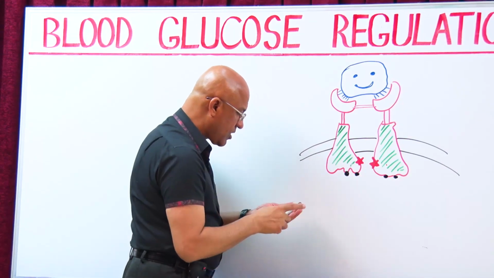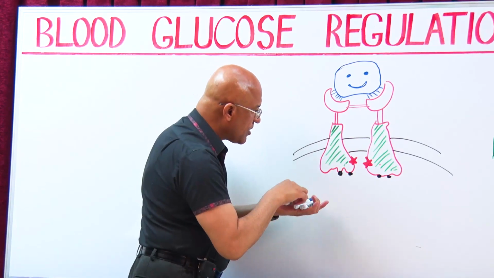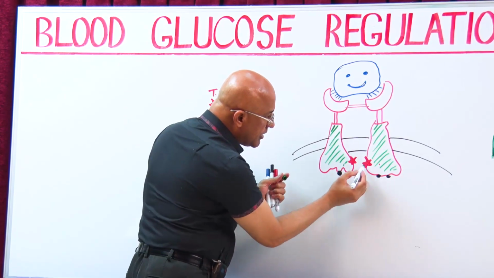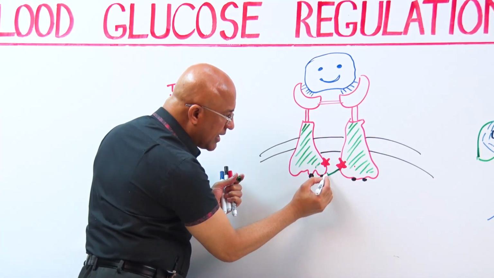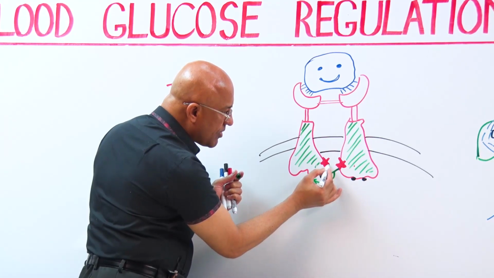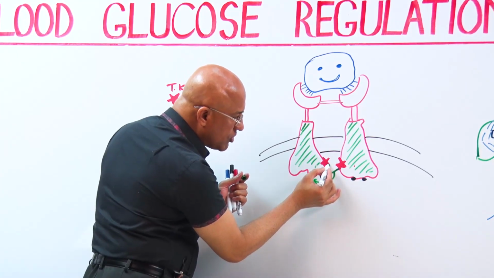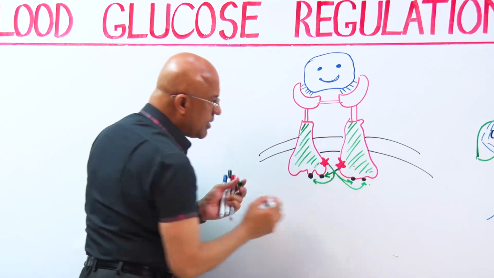This is very important to understand: the tyrosine kinase of one beta unit will attack the other, and the second tyrosine kinase will attack the first, each other.